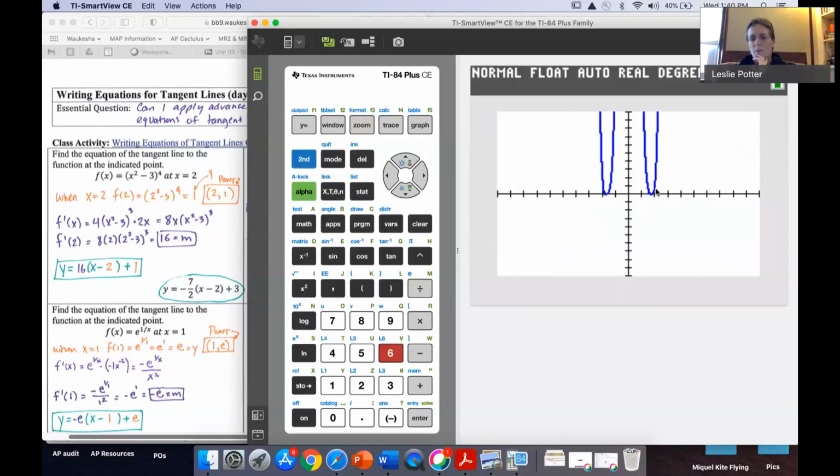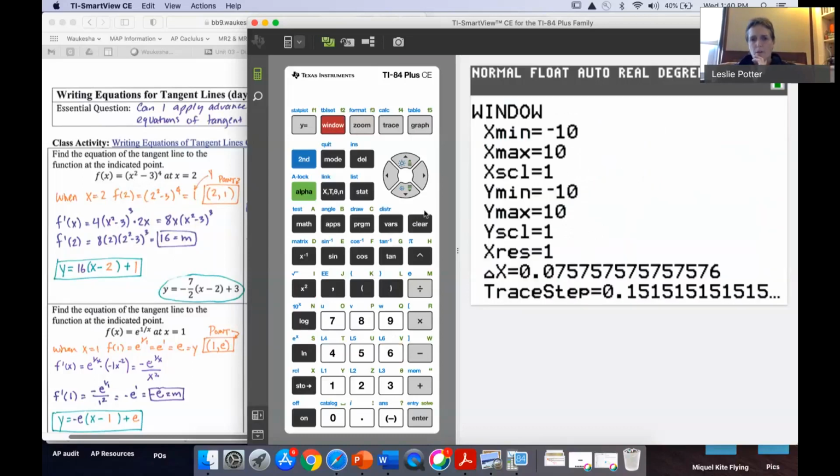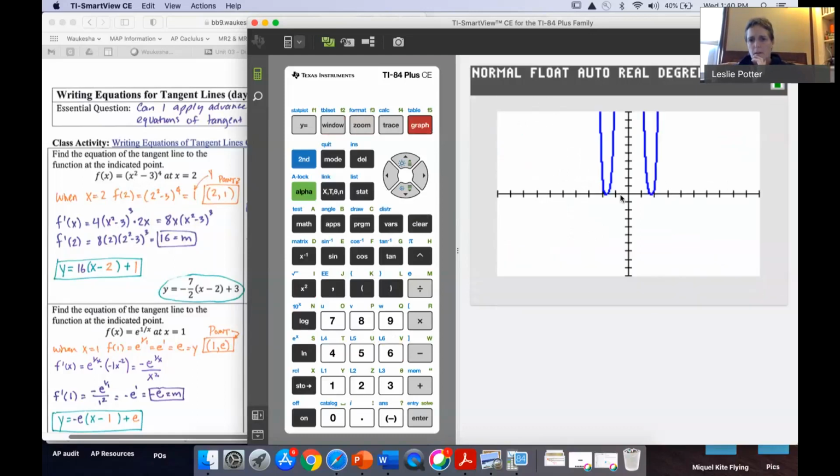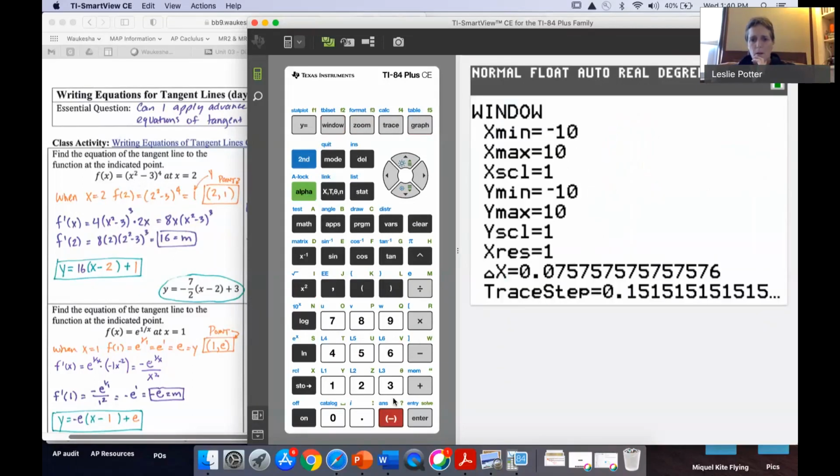Here is (2, 1) over here. I'm going to mess around with my window just for kicks and giggles. Let's say my x min is negative 3, my x max is 4, my y min is negative 1, and my y max is 6.